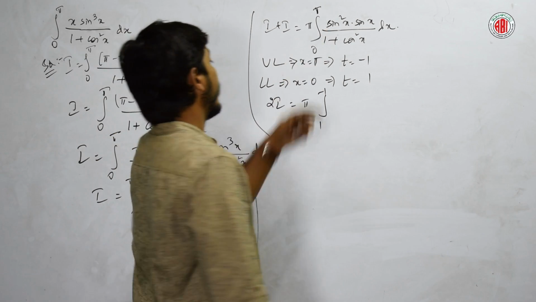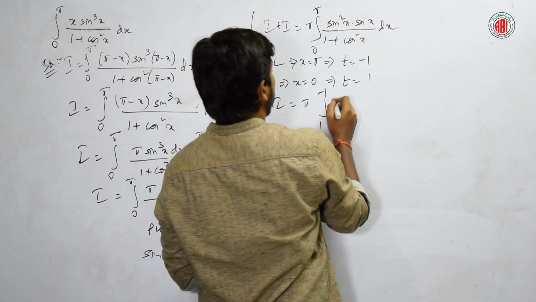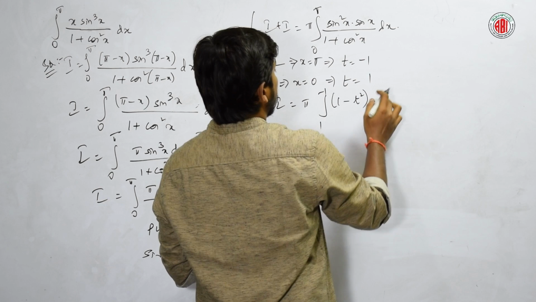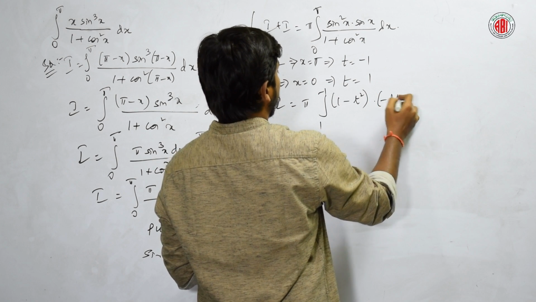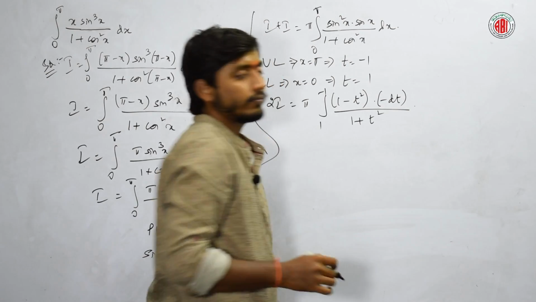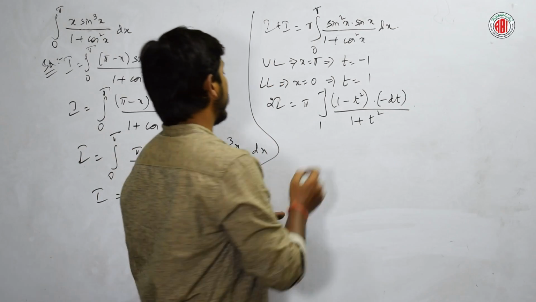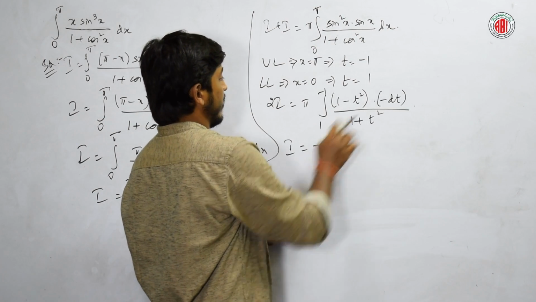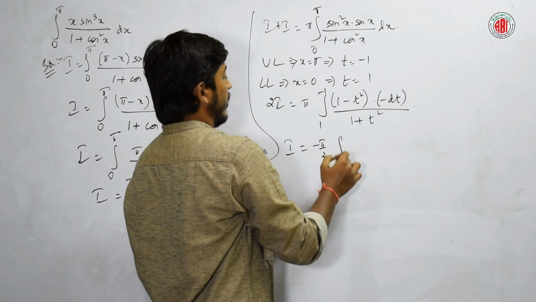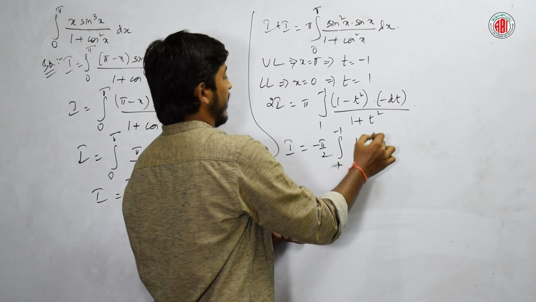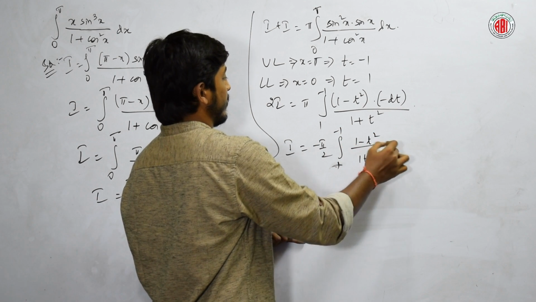So, this sin square can be written as 1 minus t square, into sin x dx which is minus dt, divided by 1 plus t square. Clear? Now, I is equal to minus pi by 2, integral 1 to minus 1, of 1 minus t square by 1 plus t square dt.